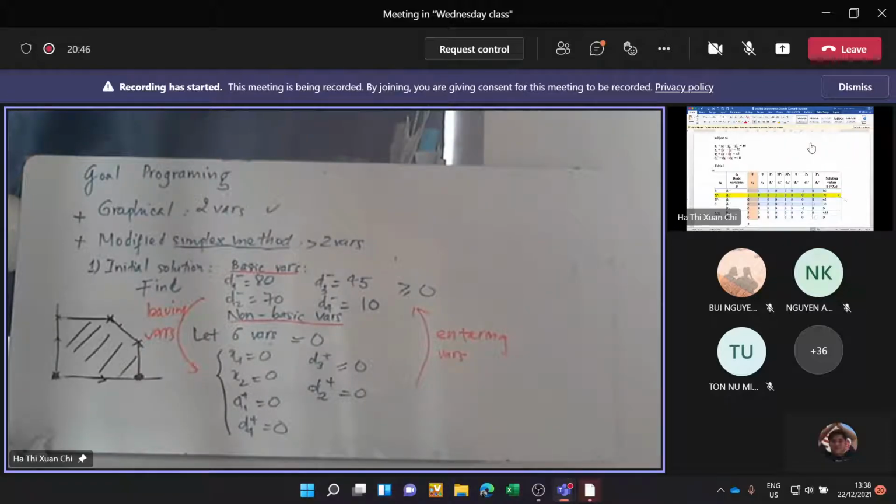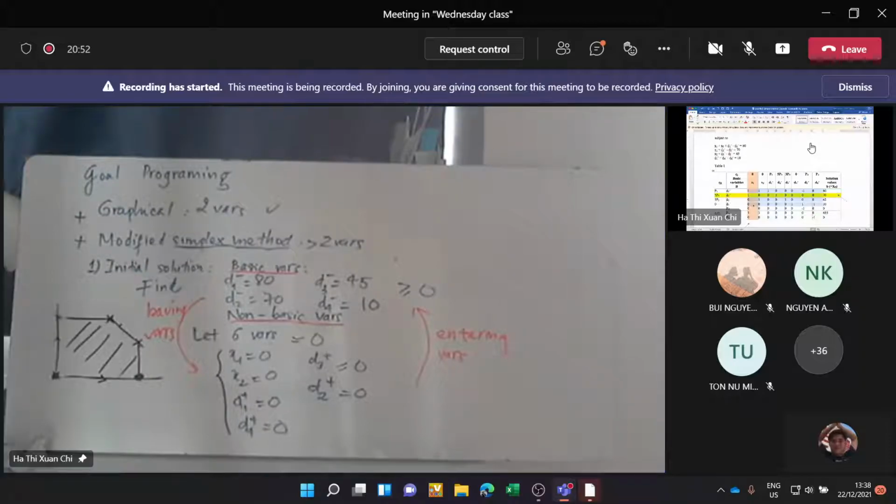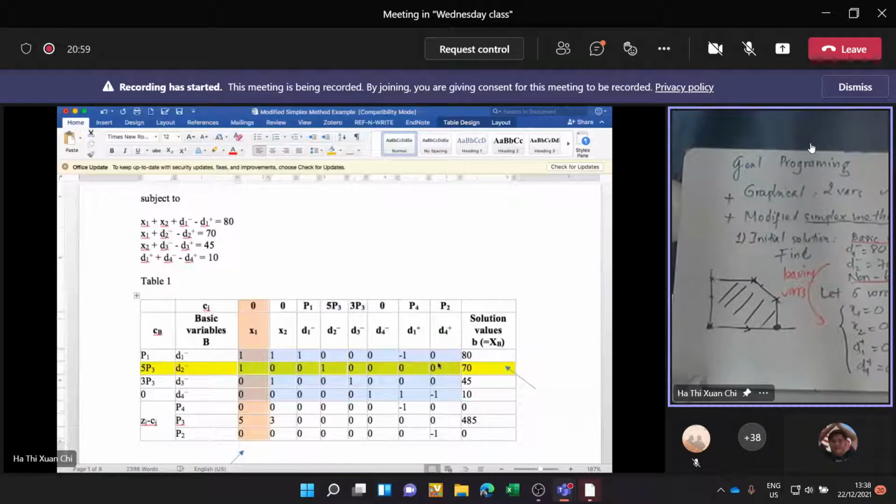So you have four constraints here, everyone. You put 4 coefficients of the 4 constraints, and that one is the right-hand side. Okay.